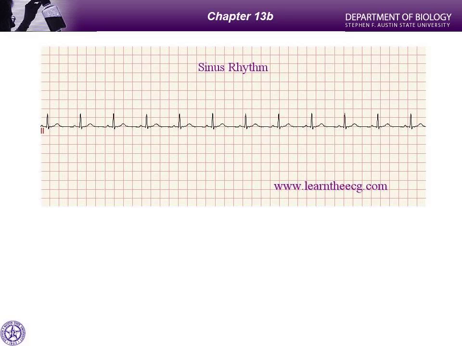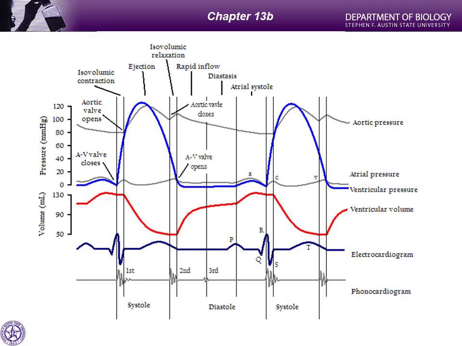Now, don't get overwhelmed by this one. This is one of my favorite slides because of all the information that is packed into it. Not only does it show you our cardiac cycle stages, there's our IVC, our IVR, ejection, rapid filling, atrial systole, along the top.